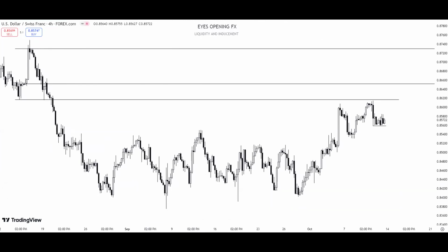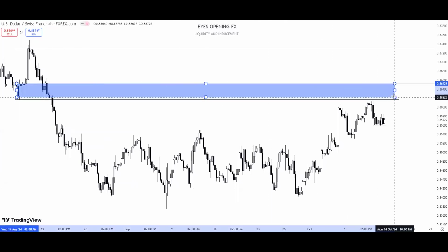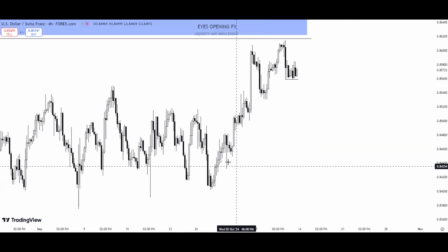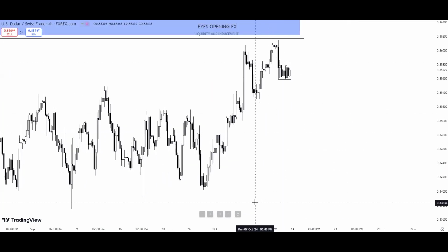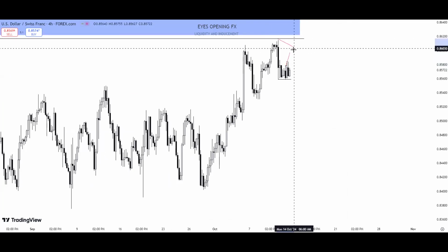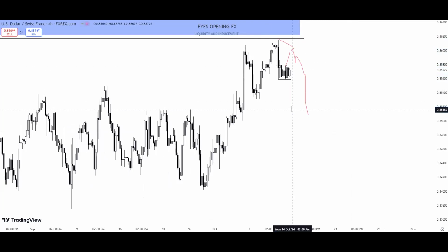So you can expect price to trade into this breaker block before we see lower prices. But if not, we wait for market to give us a shift of structure, a higher low right here, before we start seeking lower prices for the week.